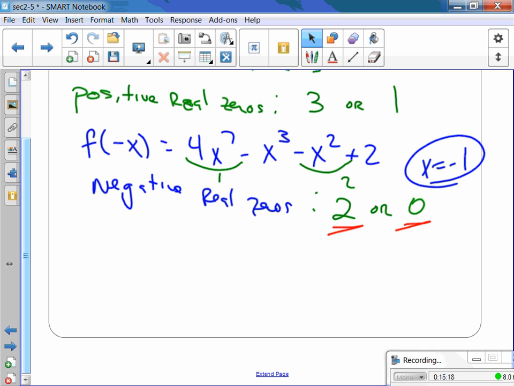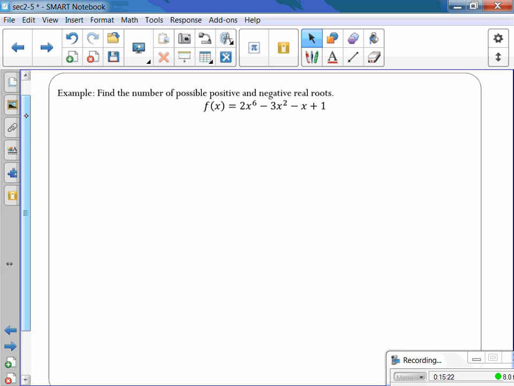Here we want to find the same thing. F of x equals 2x to the 6 minus 3x squared minus x plus 1. How many turning points? 5 turning points. What are my positive real roots or real zeros?